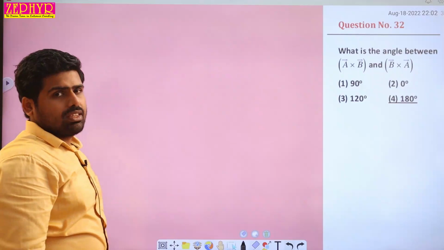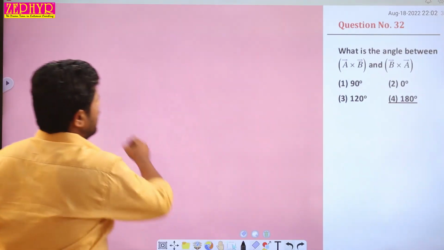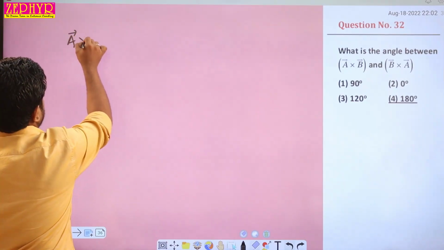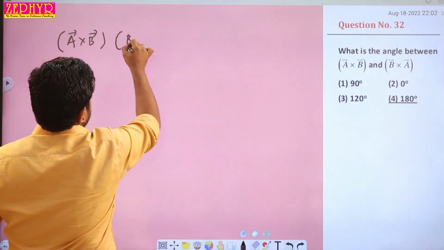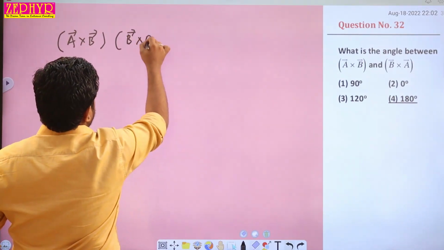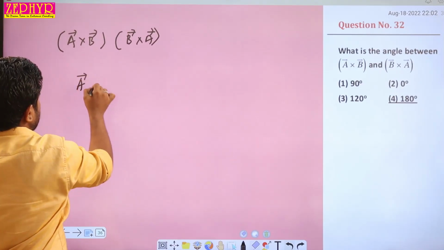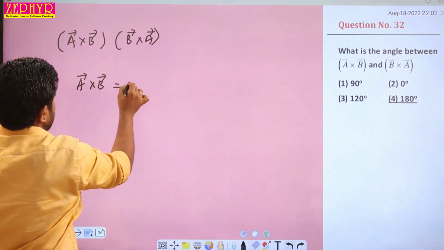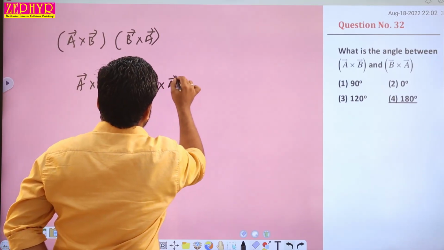Then question number 32. What is the angle between a vector cross b vector and b vector cross a vector? Actually we know a vector cross b vector is equal to minus of b vector cross a vector.